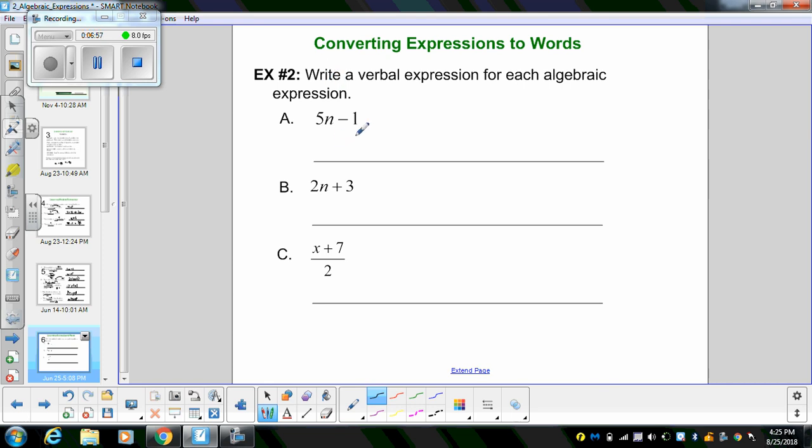We know this is minus, so you could say something like the difference of 5 times a number and 1. You can't write out the number. There's another way you could have done this. You could have said 1 less than 5 times the number, as long as you're getting your point across.